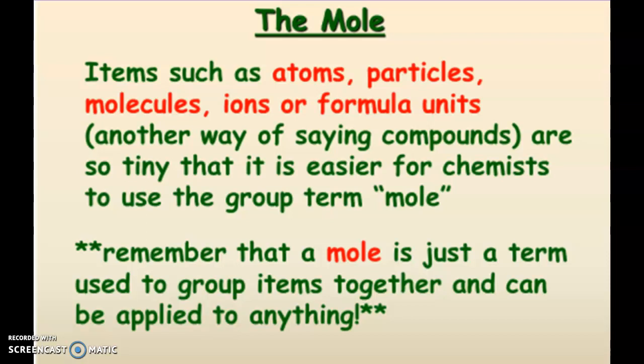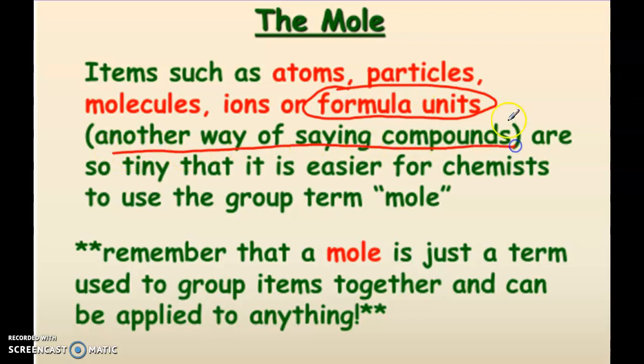Well, things involved in chemistry. So things like atoms, particles, molecules, ions. So this term formula units, you're going to see this come out quite a bit. It's basically another way of saying compounds. So if I say, how many formula units are there? It's the same thing as saying how many compounds are there. Okay, it's just a different term that's used for the same thing.